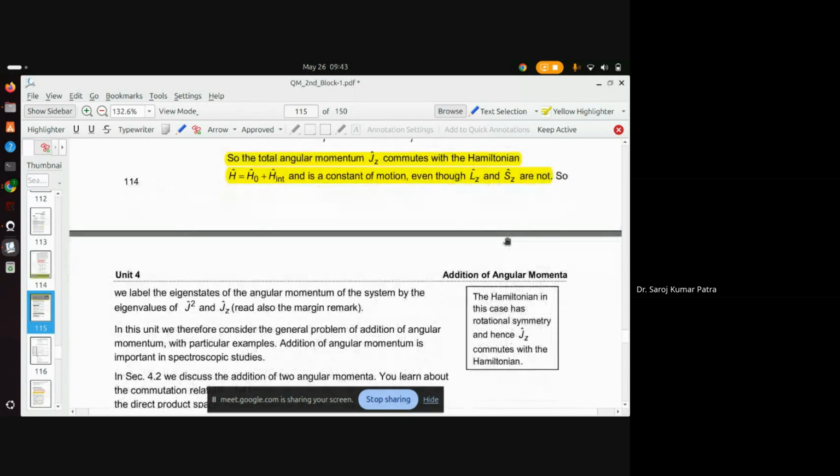Remember what we talked about in the first class, rotation symmetry and translation symmetry. Here the Hamiltonian has the term L dot S. If we have a rotation, the Hamiltonian will not change; it remains invariant under rotational symmetry. That is why Jz is a constant of motion.